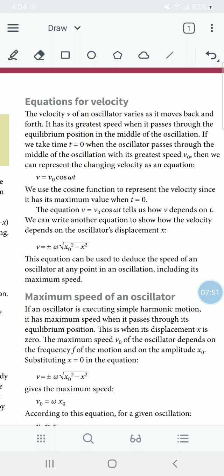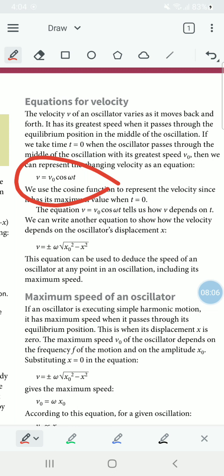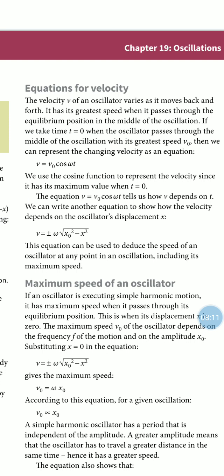Starting from the equilibrium position, velocity can be put into an equation as follows, and then write down this equation: V equals Vo cos omega t. Velocity depends on t.